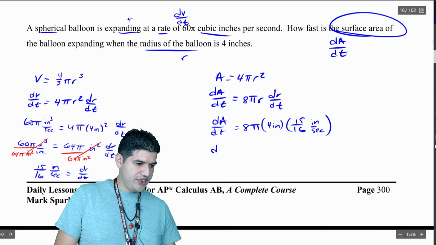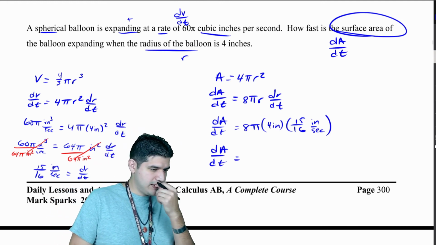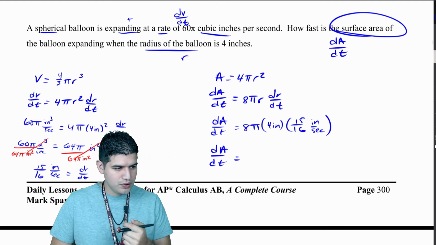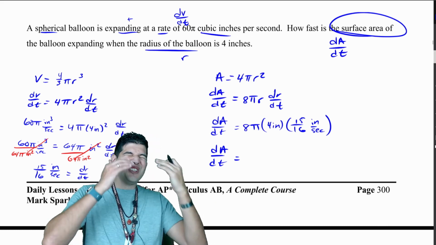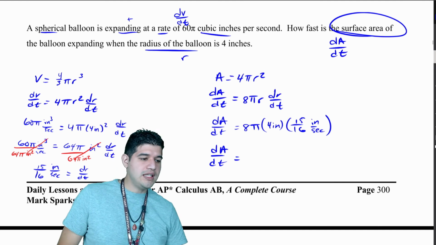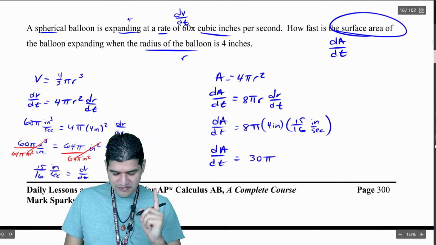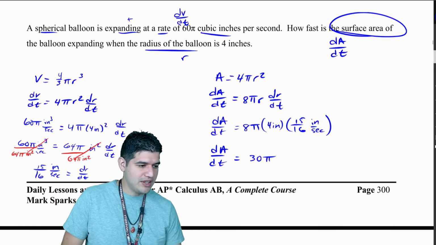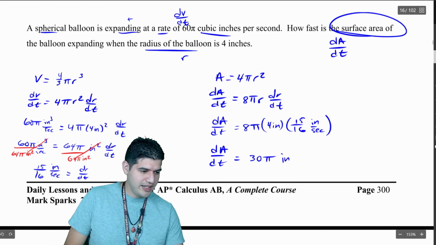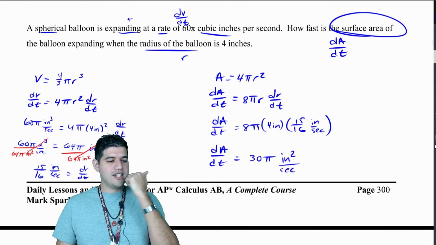And I think I have enough I can go off of. All right, so 8 times 4 is 32. 32 over 16 is 2, and then I could go 2 times 15, which is going to get me 30 pi, which is a very, very clean answer. Units are inches squared, because inches times inches over seconds. So square inches per second, 30 pi.